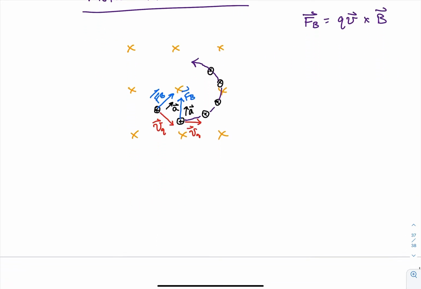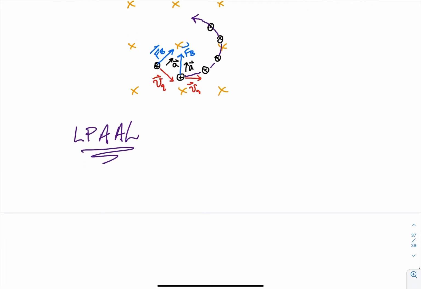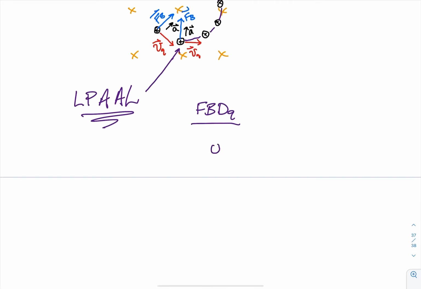So let's play around a little. We'll use this picture, imagining that we're singling out maybe one point. So we could draw an FBD for our charged particle, and it won't be very tricky.